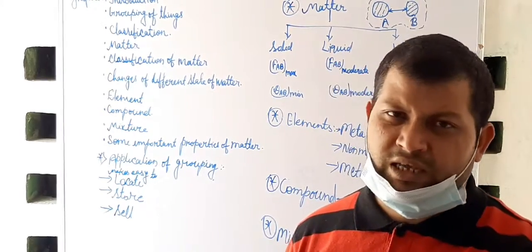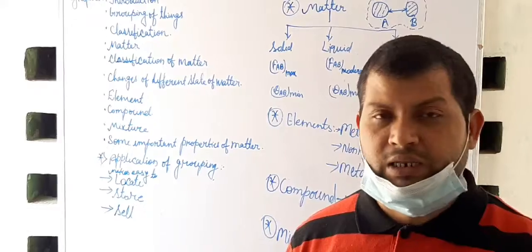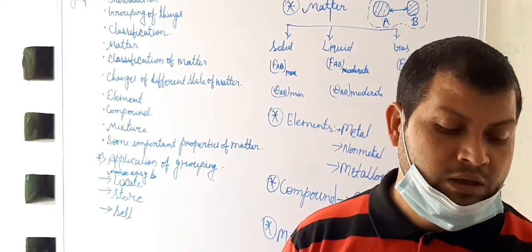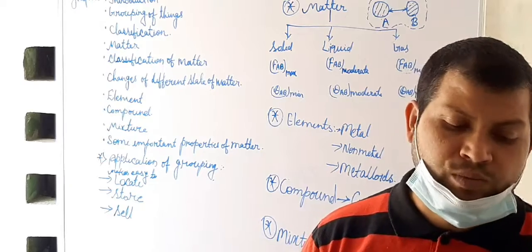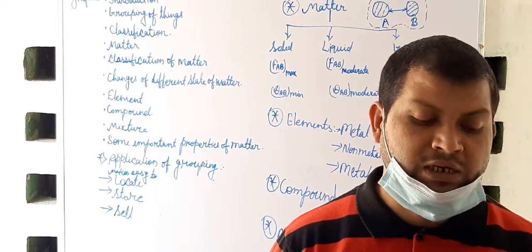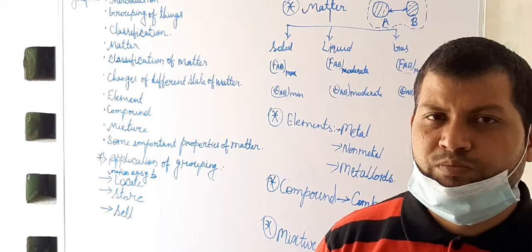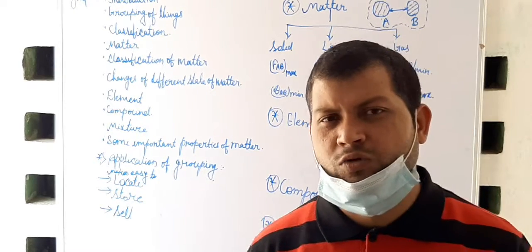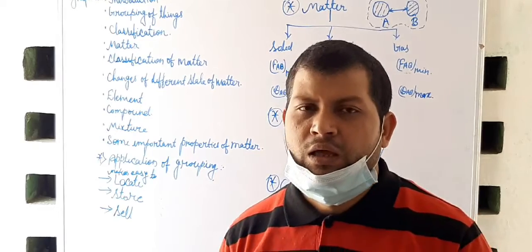Another property is transparency. Matter which allows light to pass through it completely is called transparent material, and this property of matter is called transparency.